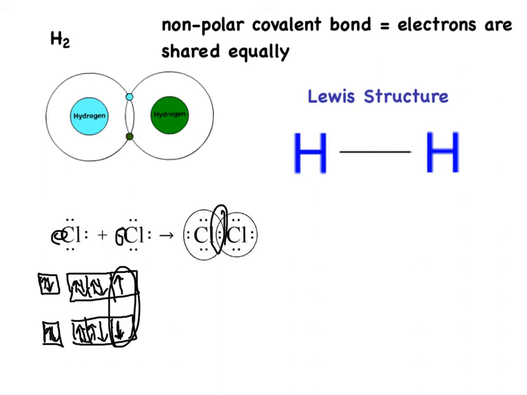And so the Lewis structure for a chlorine molecule would look like this, with a line representing the shared pair of electrons, along with all of those unshared electrons as well.